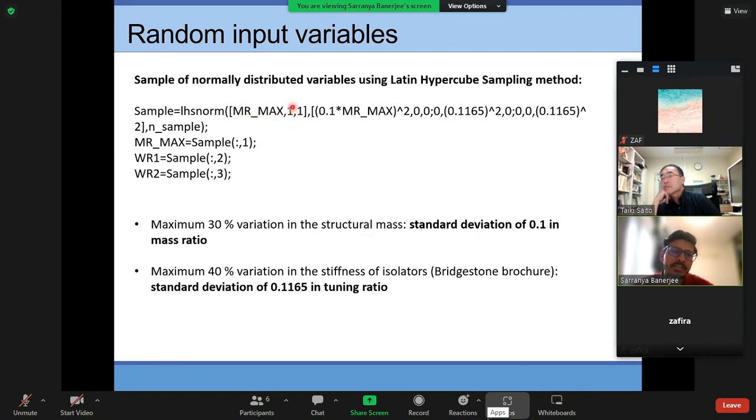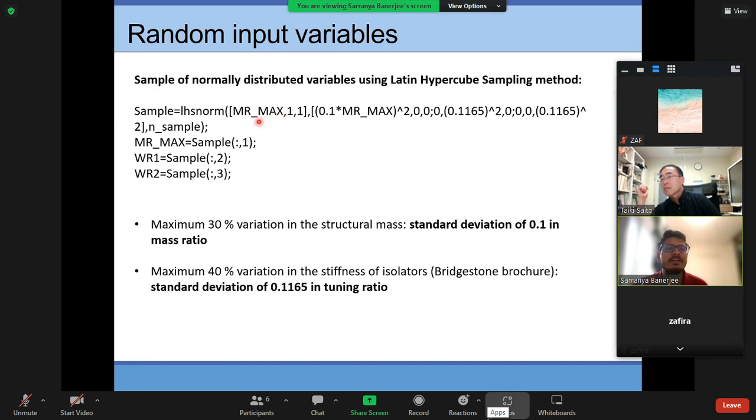The two tuning ratios are one tuned to the second stiffness of the isolator and another tuned to the first stiffness of the isolator. But the tuning ratios are one, and the time period or the stiffness is different. So both the tuning ratios are one in this case, and we have the maximum mass ratio, which is say 0.1, say the 10% mass ratio of the TMD.